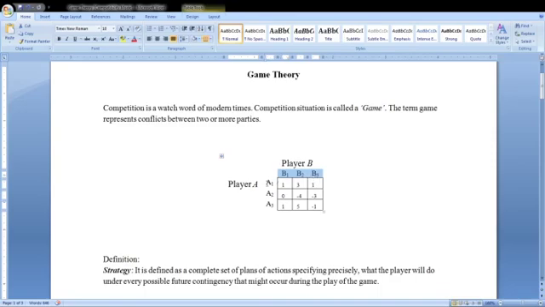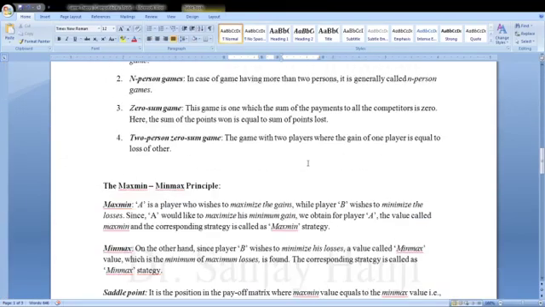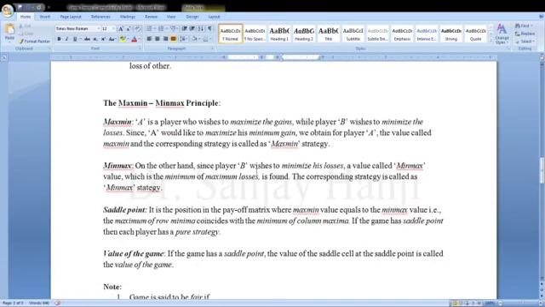Now player A tries to maximize his minimum of the gains, in the sense wherever minimum gain is happening, he wants to maximize it. Now wherever maximum losses are happening for player B, he wants to minimize them. So for player A it is max min strategy, for player B it is min max strategies. Okay, so that is nothing but max min and min max.